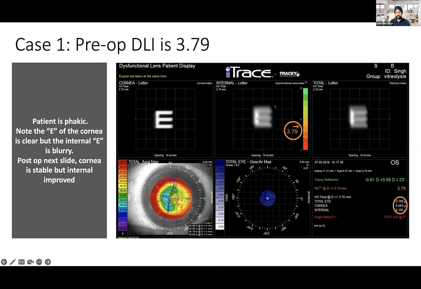Now, this middle here is something called the dysfunctional lens index. It's basically taking a lot of the MTF curves, higher order aberrations, all the behind the scenes, and giving you as a surgeon a basic understanding of what is the quality of image, and for the patient, are they seeing through the lens and beyond? So lens, vitreous to the retina. And it gives you a scale here. The scale basically, the lower that number, the less quality of vision you have.